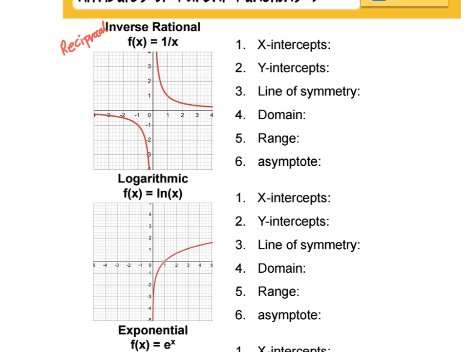So the inverse rational function has no x-intercept and no y-intercept. These two graphs are never going to cross the x-axis or y-axis.